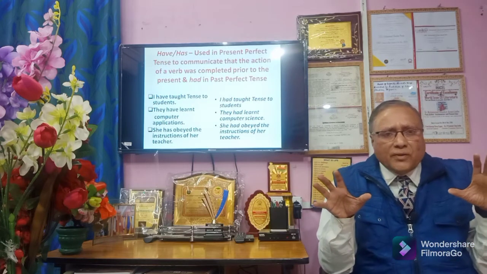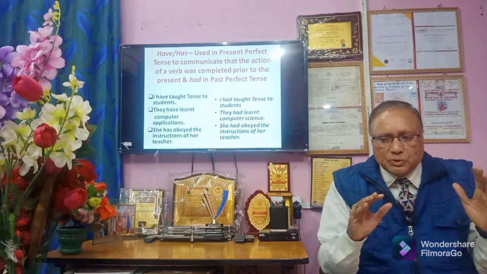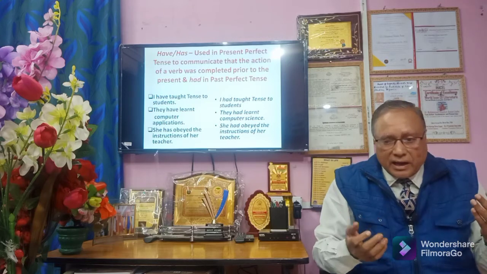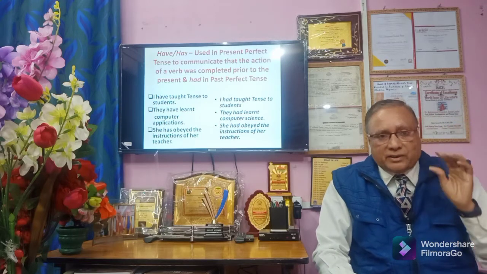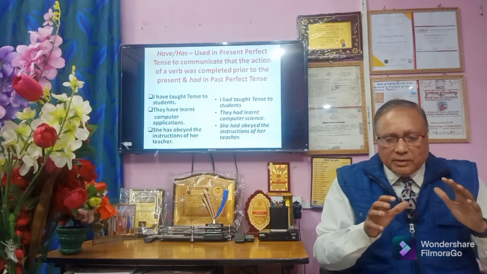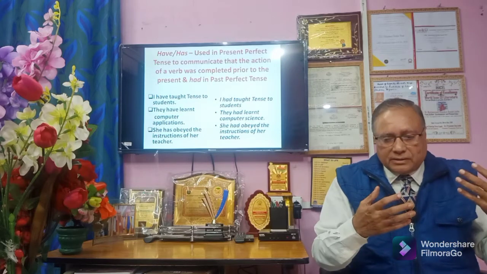Now it's clear to all of you that has or have is used in present perfect tense to convey that the action of a verb was completed prior to the present.